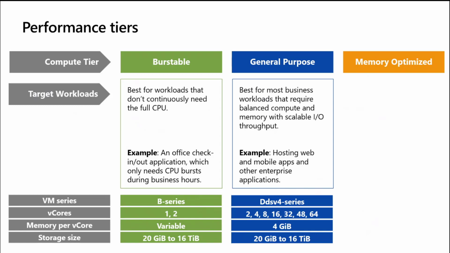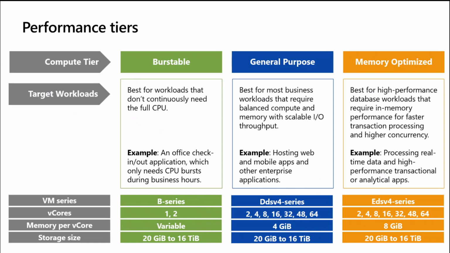So for example, if you have a development or POC and you want to start with a burstable configuration, when you are ready to deploy this application in production, you can scale from burstable to general purpose. And later on, if your application requires more memory, then you can switch it to memory optimized. And within these tiers, you can scale from 1 to 2 vCores up to 64 vCores.